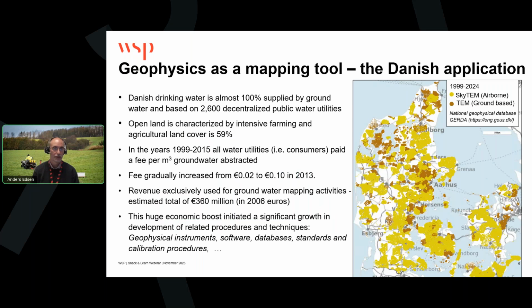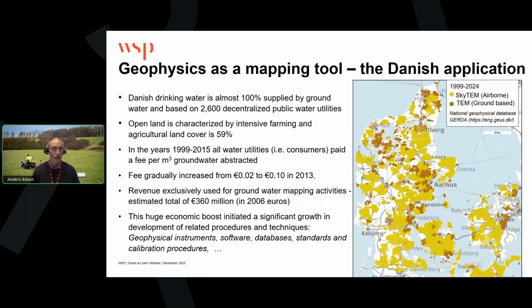And that fee was initially in 1999 set to 2 cents, but increased to 10 cents in 2013. That might not sound like a lot, but this fee actually gave a revenue of a total 360 million euros in that period. And this amount was used exclusively for groundwater mapping.